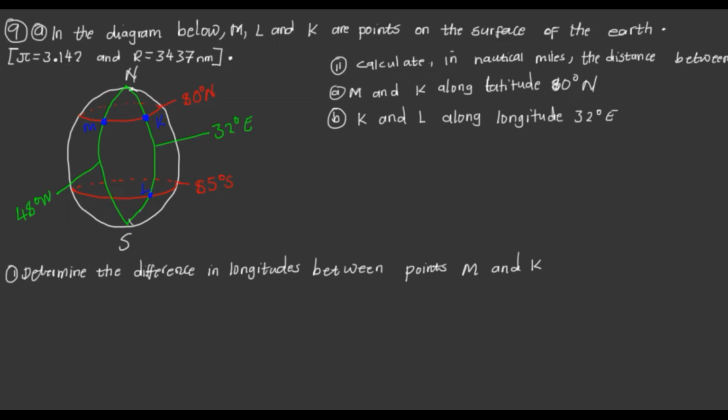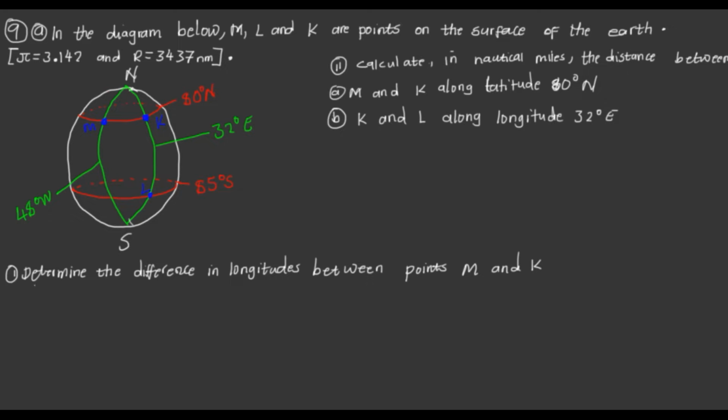The ones drawn in red are known as the latitudes. The latitudes run from the west to the east. Now after identifying this, we can see that we have point M. We also have point K and point L.